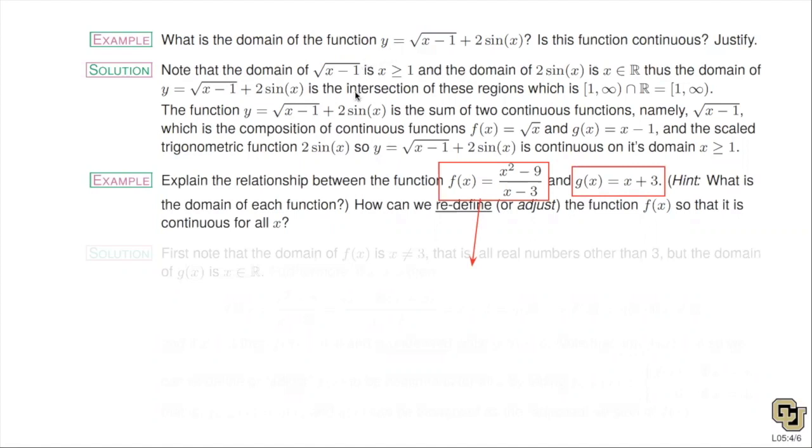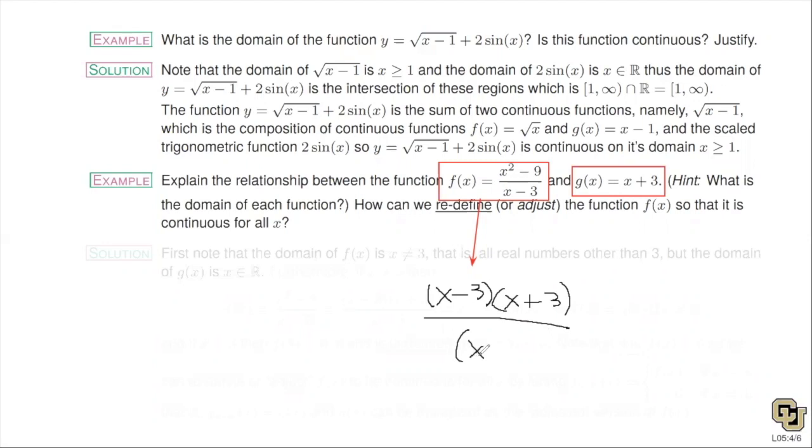A very natural set of math for a student is to say, well, x squared minus 9, I can factor it as x minus 3 times x plus 3. And in the denominator, we've got that x minus 3.